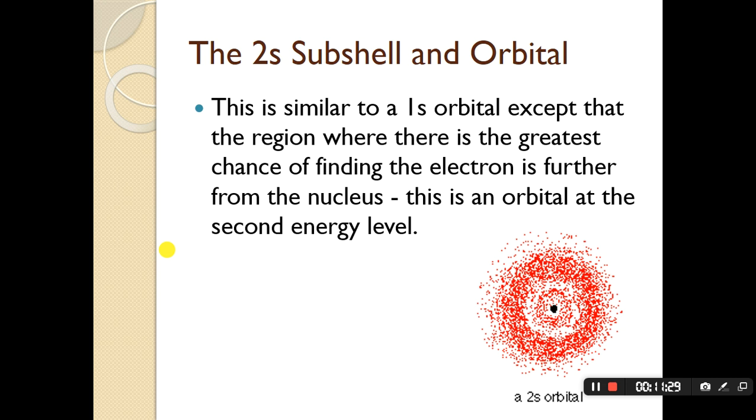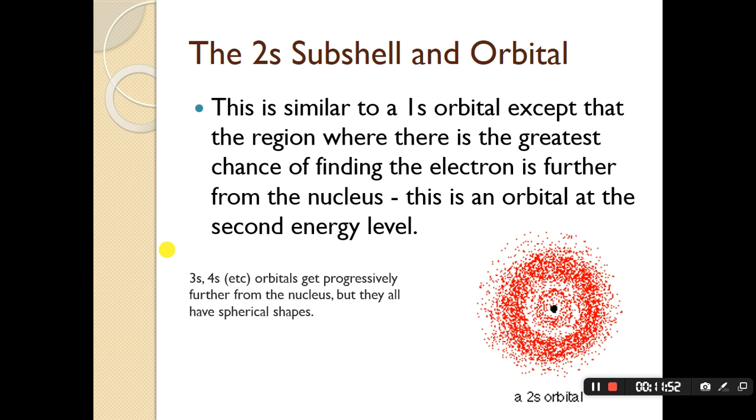The reason is that the electron now has more energy, and if it has more energy, then it's able to exist further away from the nucleus. It's able to resist the attractive pull of the nucleus a bit more than the electron in 1s. So you will find that it will occupy a region of space that may be a little further away.